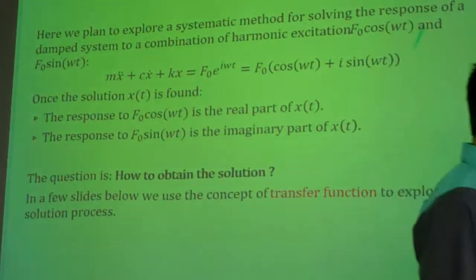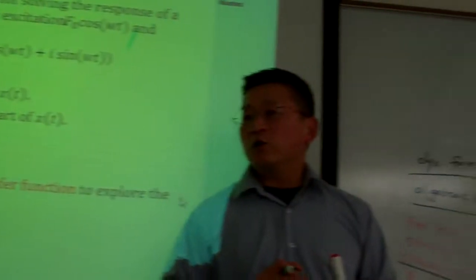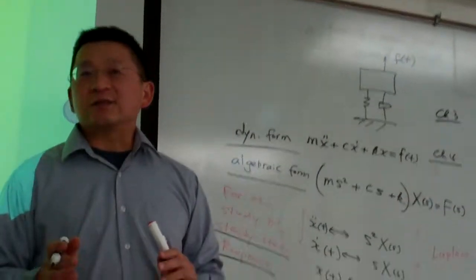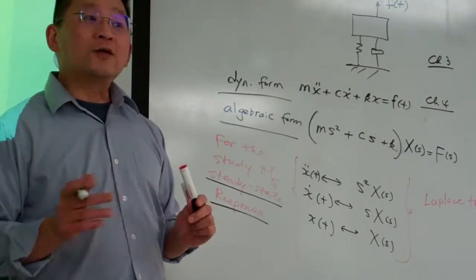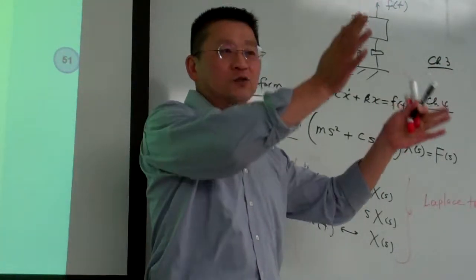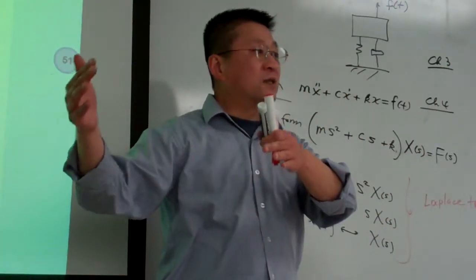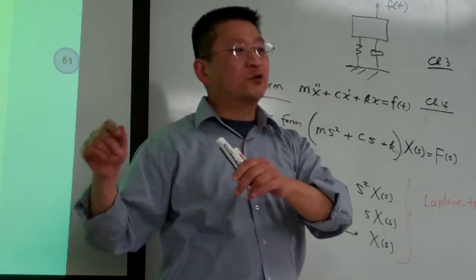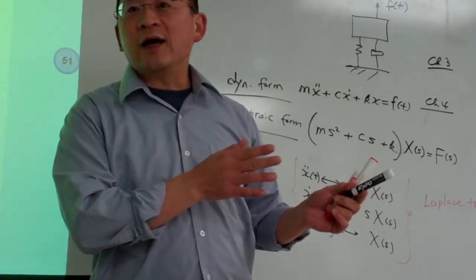When we want to know the steady state response, we don't need to consider the contribution from the initial conditions. The total response has two portions. One is the transient response, one is the steady state response, right? The steady state response is the system response to the harmonic force, not to the initial conditions.